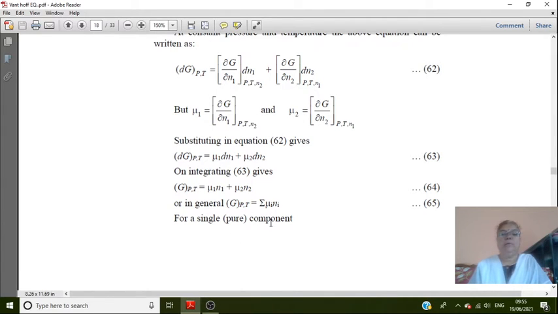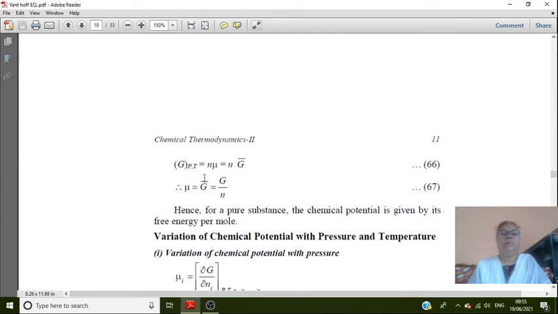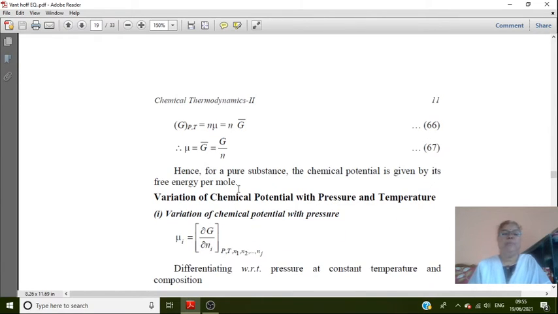For a single pure component, we can write the free energy at constant pressure and temperature equal to N into mu, which is equal to N into G bar, and here mu is the G bar, equal to G by N. Therefore, for a pure substance, the chemical potential is given by its free energy per mole.